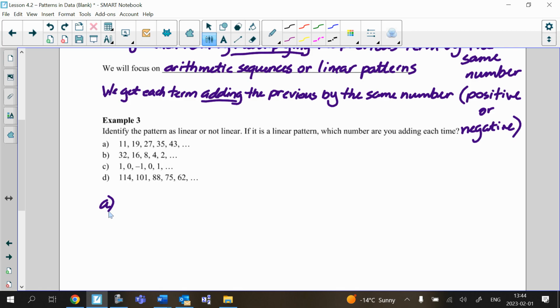How about B? Remember, you can add a positive or negative. To get from 32 to 16, you can say subtract 16, or you can say add negative 16. From 32 to 16, we add negative 16. From 16 to 8, we add negative 8. We're not adding the same number, so it's not linear.